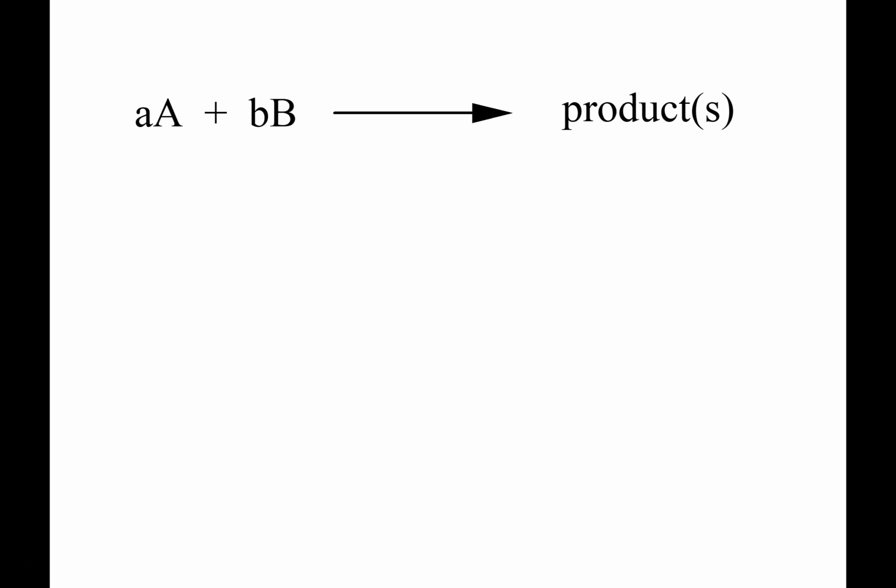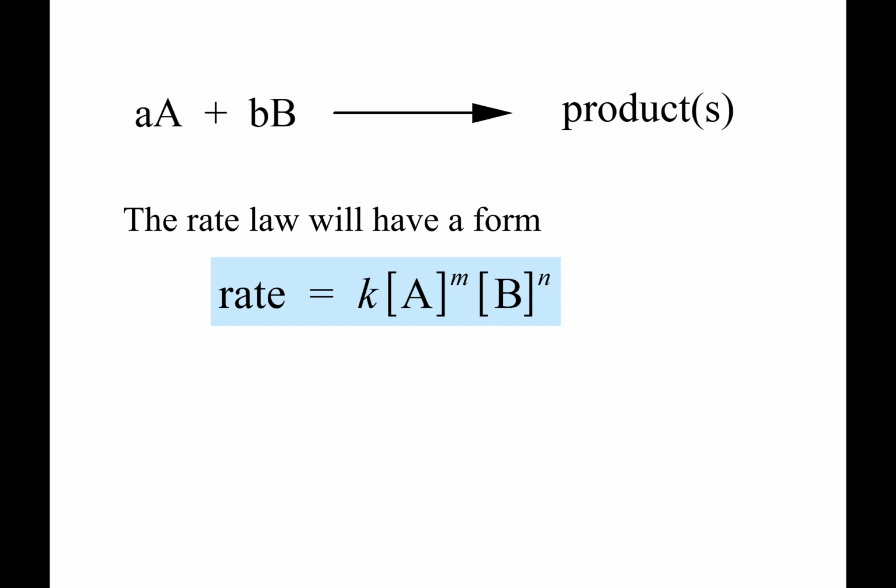So we're going to deal a lot with this generic A plus B goes to form product. Those are our two reactants, reactant A and reactant B. Now, the little a and the little b, I think we've done this before, are the stoichiometric coefficients. So here we go. This is your first rate law expression.